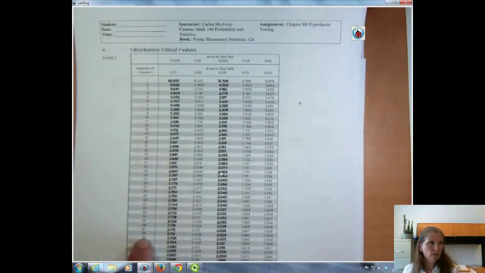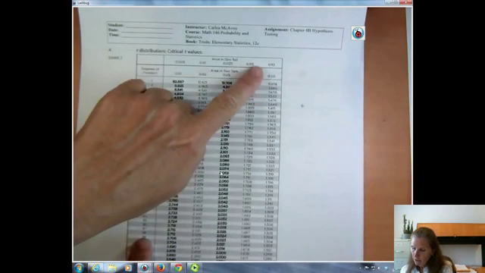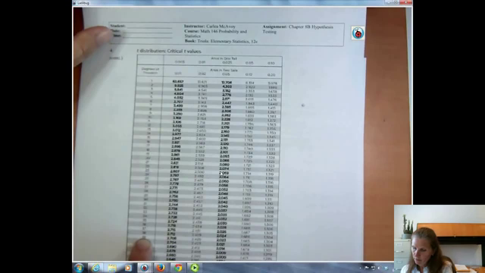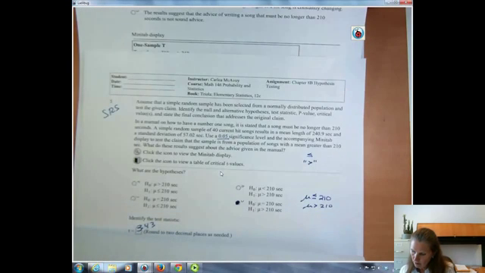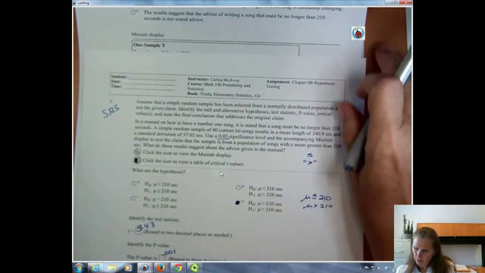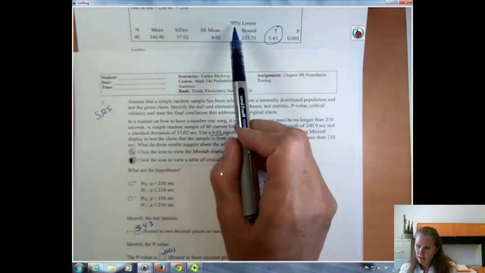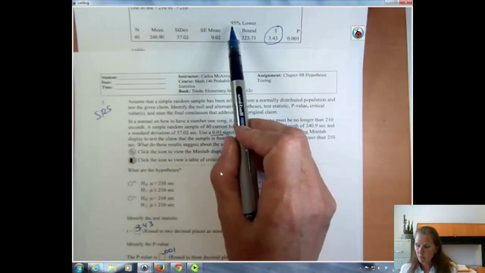Up above, we know we have area in one tail, so we're looking up here at the area in one tail. We're talking about 95%, so we have 0.05, right?